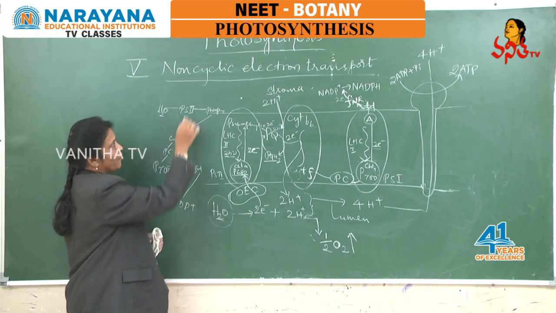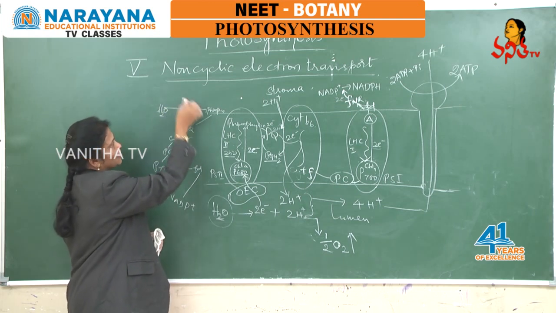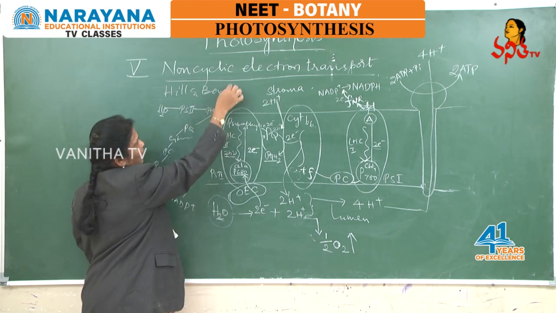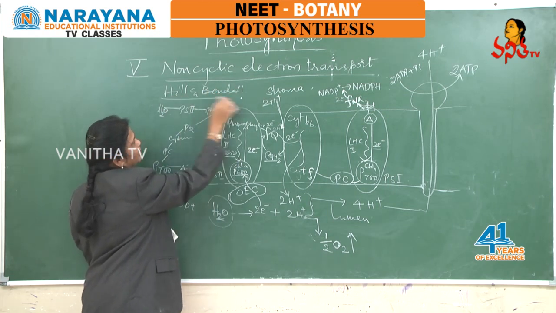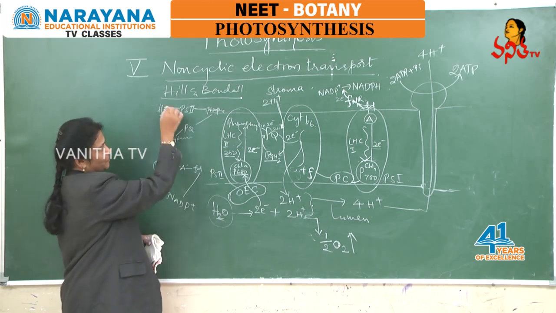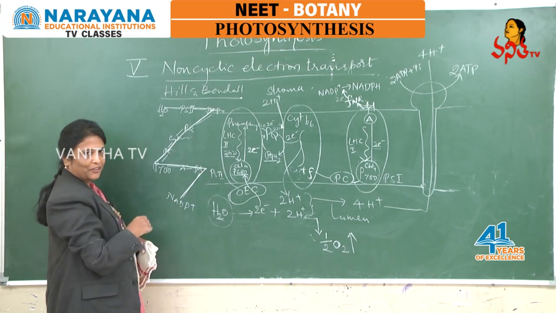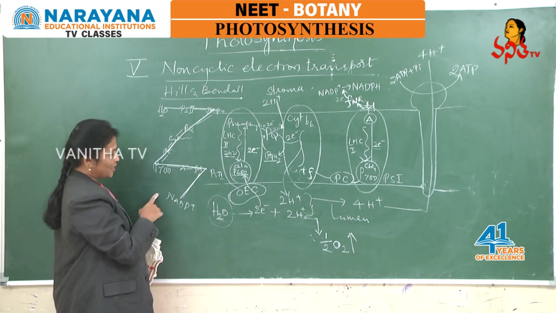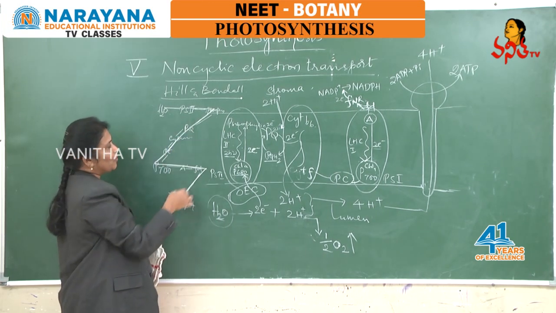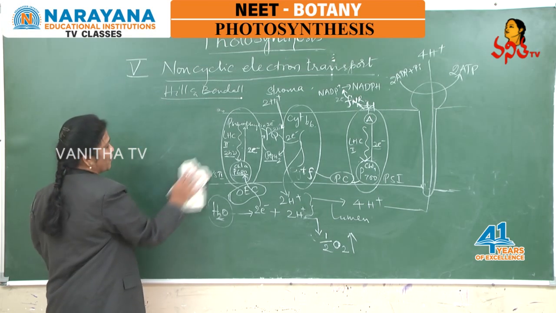So, it is a kind of non-cyclic electron transport, and the scientists Hill and Bendall referred to this kind of electron transport as the Z scheme of electron transport. As we follow, this particular electron flow resembles the letter Z as explained by Hill and Bendall. So, this is also called the Z scheme of electron transport, and we will discuss it in the next session.